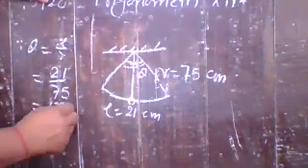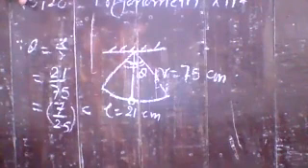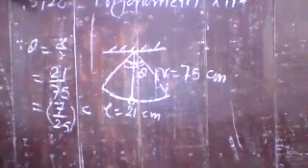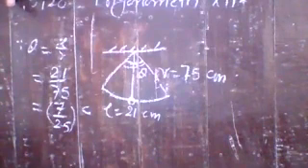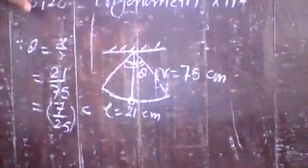So write 7 upon 25 radian. And yes, that is your answer. No need to simplify further, that is a waste of time. So 7 upon 25 radian is your answer.